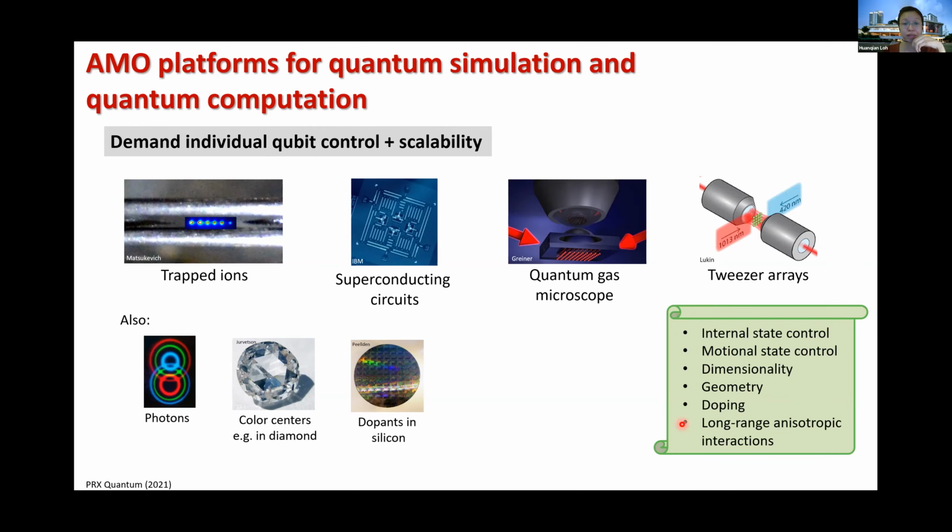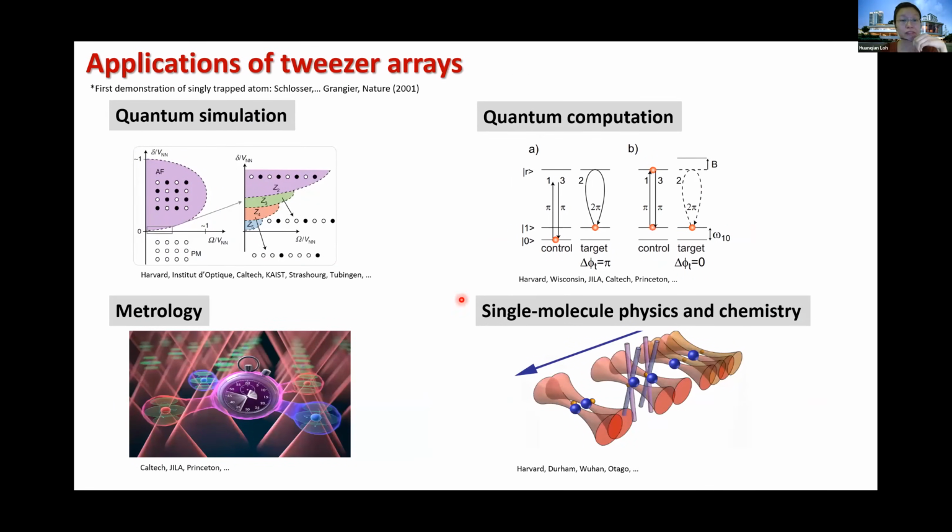These are usually induced by exciting the atoms to highly excited Rydberg states or by working with ground state dipolar molecules. With these tweezer arrays, they've really exploded in the last few years since they were first demonstrated in 2001. Some of the popular applications include quantum simulations, where you can explore not only different phases of quantum magnetism, but also many-body dynamics and topological physics. They are also used for quantum computation.